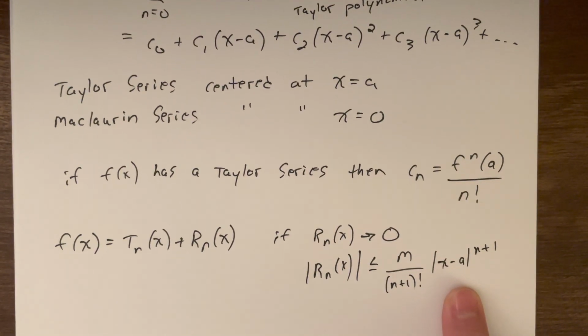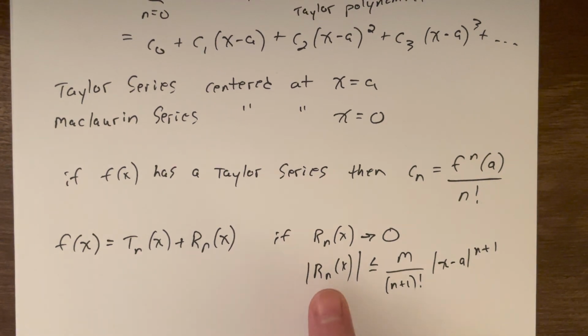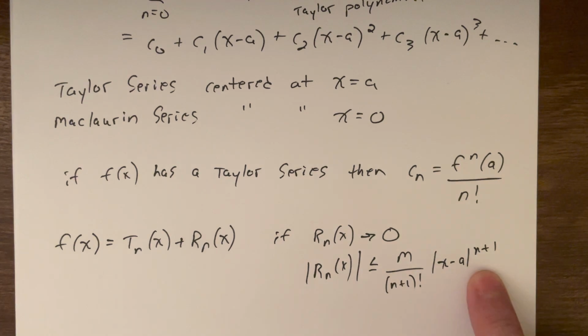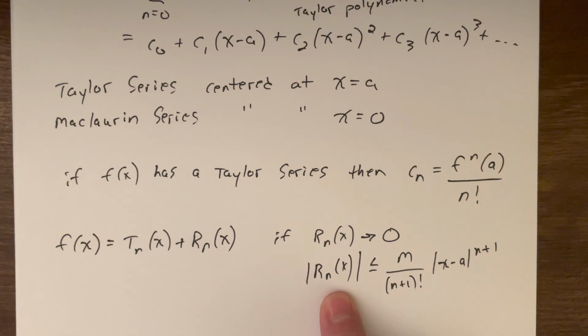All of this is trying to give you a key to determine if this goes to 0. If this goes to 0 and this is less than that, and absolute value keeps it all positive, then this goes to 0 as well.